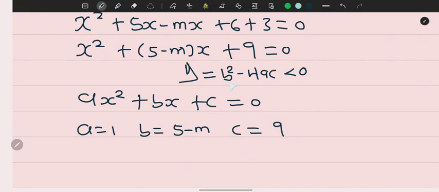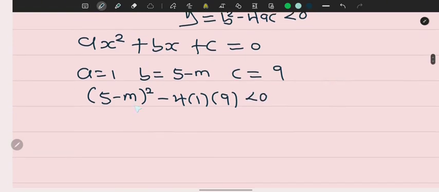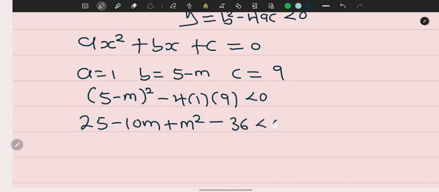So you make the substitution: (5 minus m) all squared minus 4 times 1 times 9 less than 0. Expanding this gives 25 minus 10m plus m squared minus 36 less than 0.